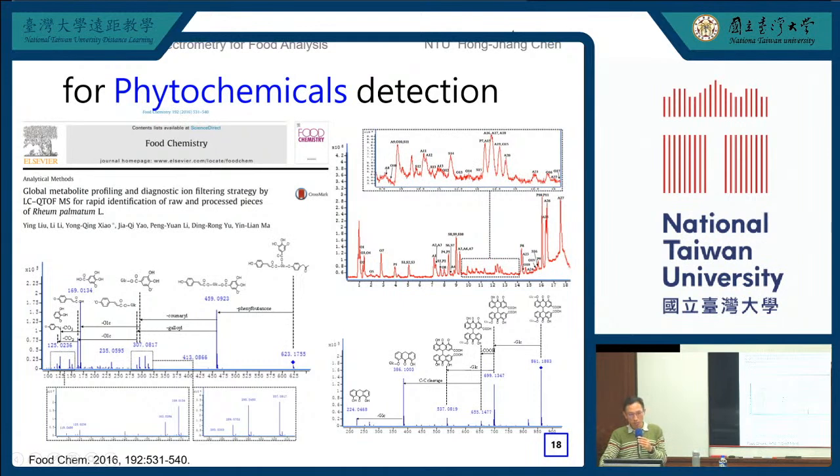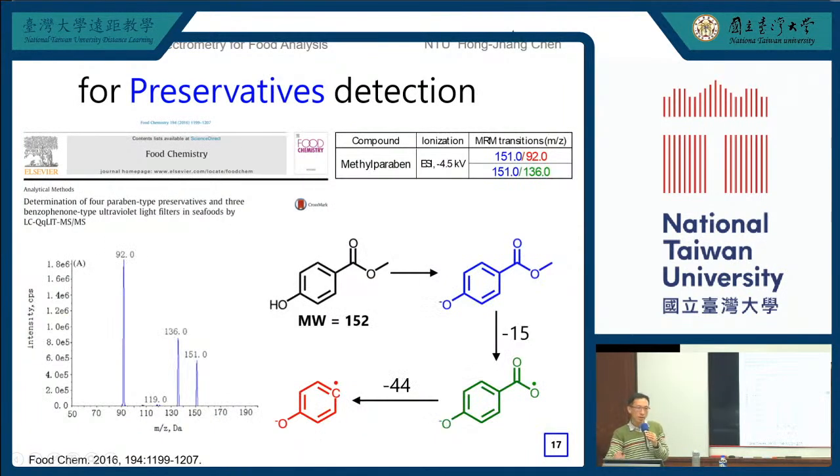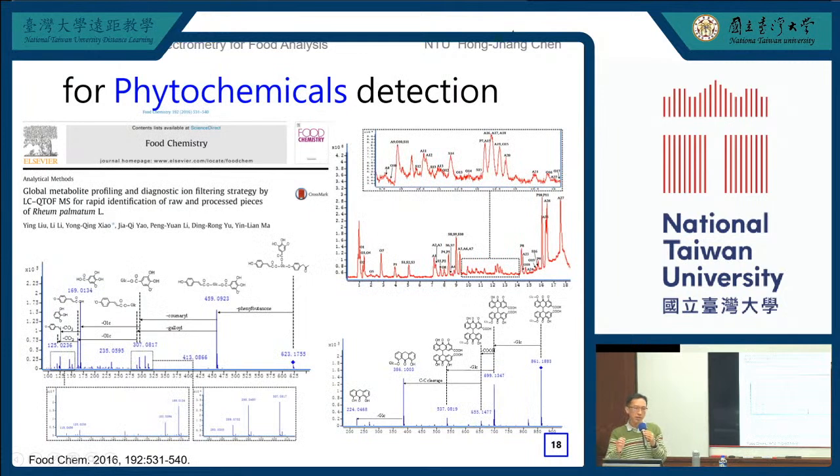So for this experiment, the accurate mass is very important to calculate the molecular weight. Okay, so that's different, right? For previous study, they are not focused on the accurate MS. They just use the fragment to calculate the structure. But for this one, we don't know what kind of compound exists.